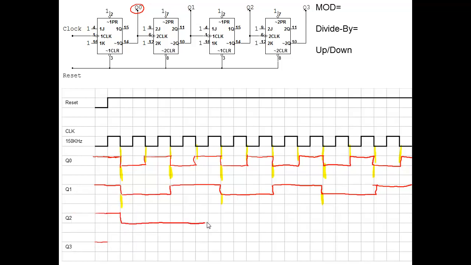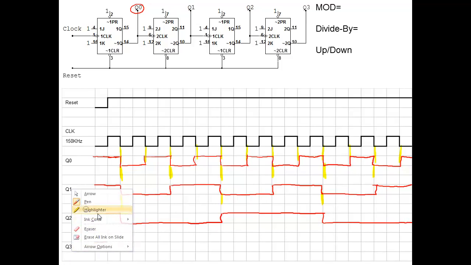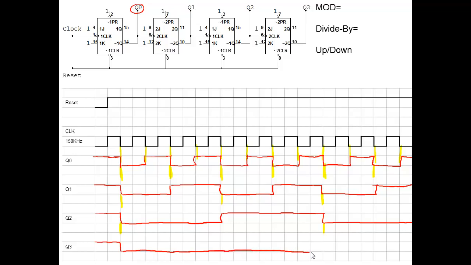So it goes low, goes high, goes low, and one more negative edge. So we got a negative edge there, actually have a negative edge there, so we actually got two of those. So it's positive over to there, we go low all the way over to there, and it toggles high.